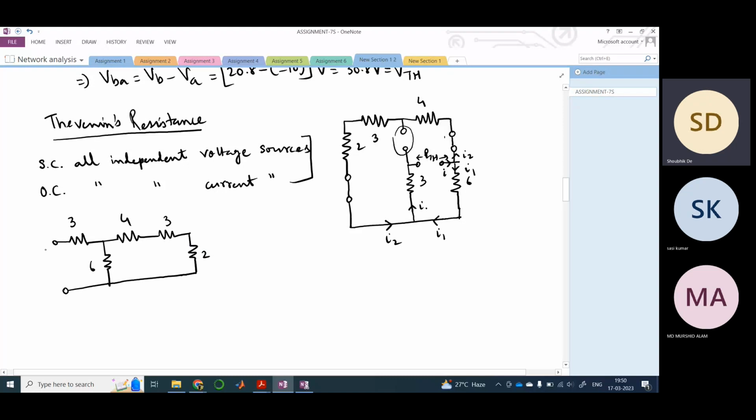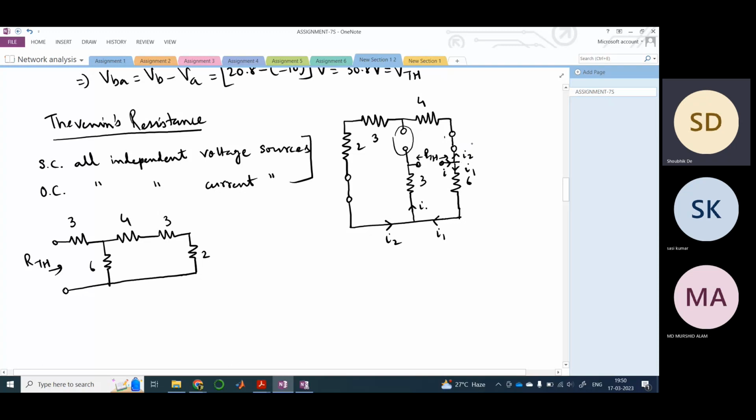Why, I'll explain again. So you need to calculate RTH from here. See, from this terminal you are calculating RTH, right? So this is your current I. For example, let's say that the current flowing through this path is I. Now you need to see through which path the current gets divided, because if our current gets divided in two paths, that means those two paths are in parallel, obviously, right?